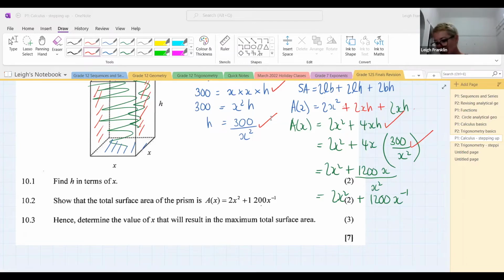So now what they're asking us to do, Matrix, is to derive area with respect to x. In other words, we need to find A prime of x.